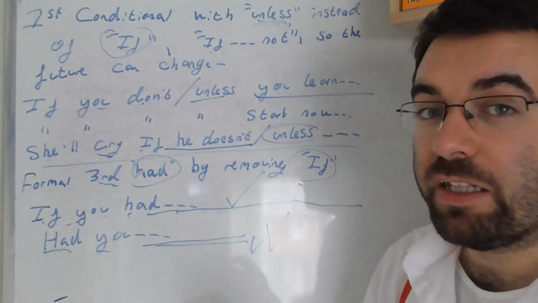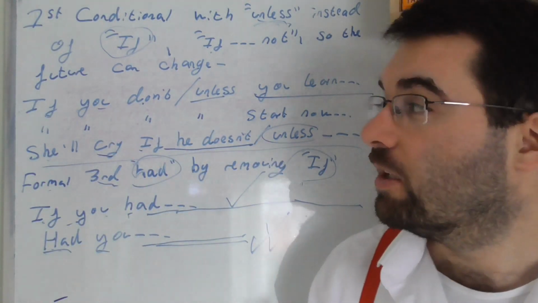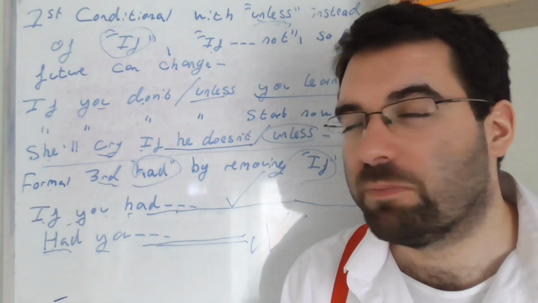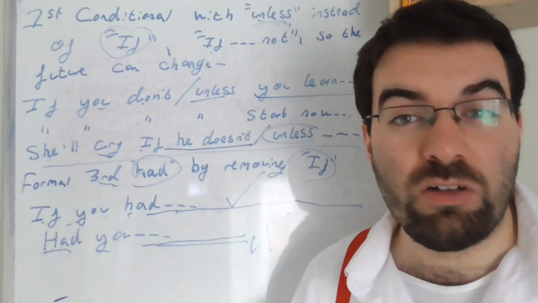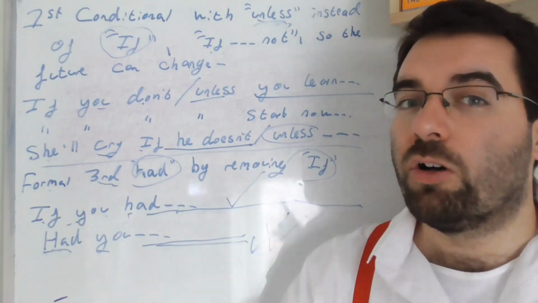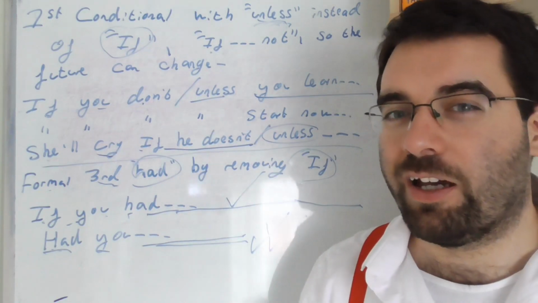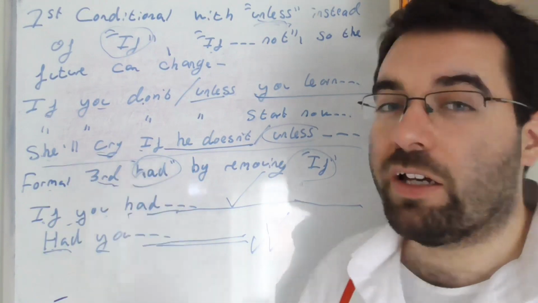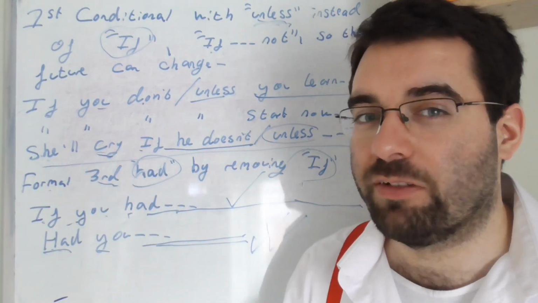If I don't learn Spanish, then I'm going to struggle in Spain. Unless I learn Spanish, I'm going to struggle a bit in Spain. But unless, well, if I do learn Spanish, I'll have a great time. I'll have a great time in Spain, unless I don't know much Spanish. She'll cry unless she gets what she wants.